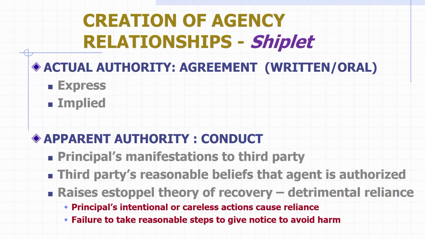So it's really to protect innocent third parties from the principal's manifestations. And if the principal is intentional or careless in their actions, they can cause this reliance. And if they think they have caused that reliance, then it's really their duty to notify and make others aware that the agent doesn't have this authority.